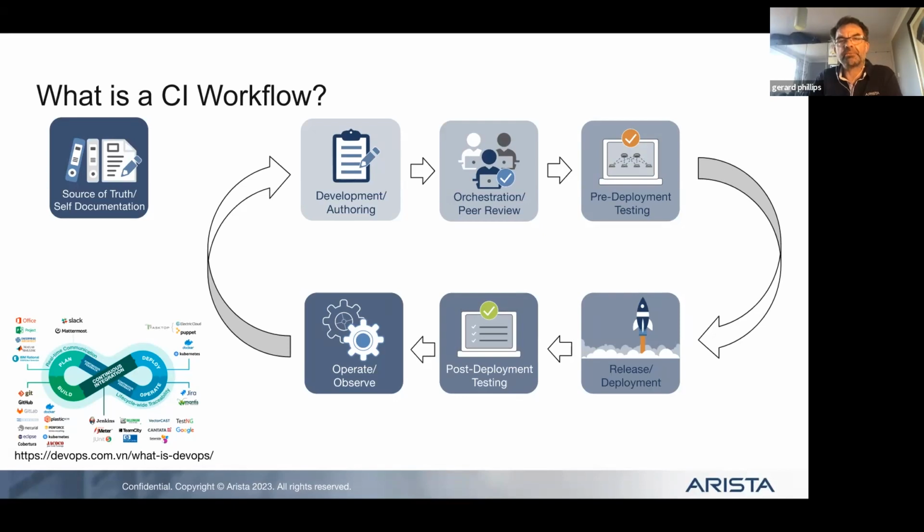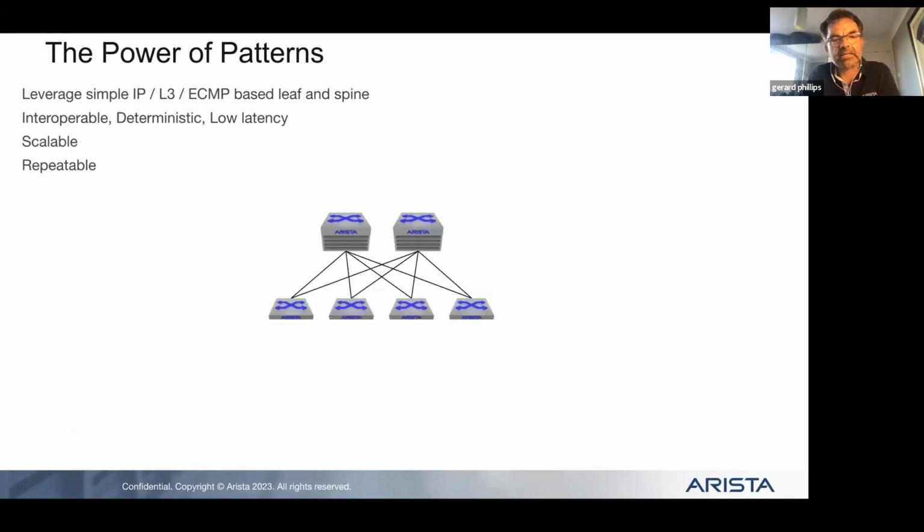Yeah, let's jump to the power of patterns then. One of the things that drives the ability to automate networks efficiently and effectively is that you can codify the network you want to build. And one of the things that allows you to do that is utilizing patterns.